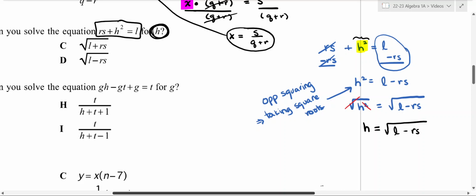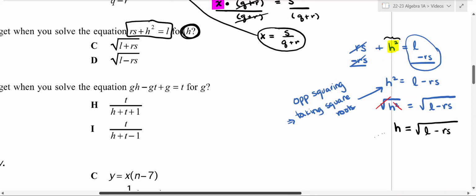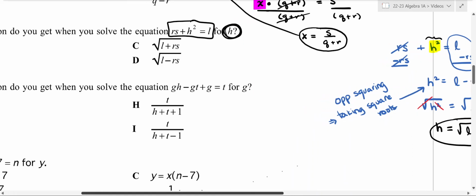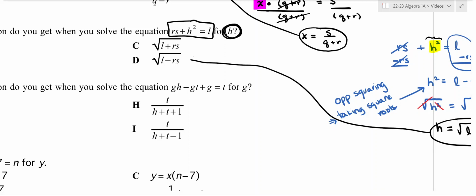All right, let's look at the choices. Square root of L minus RS. Oh, right here.